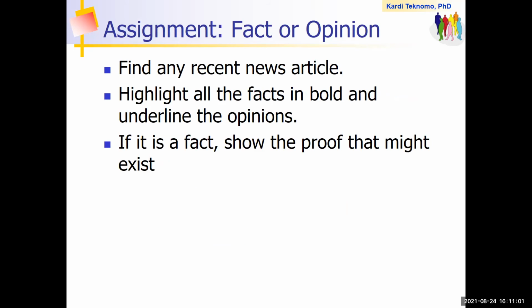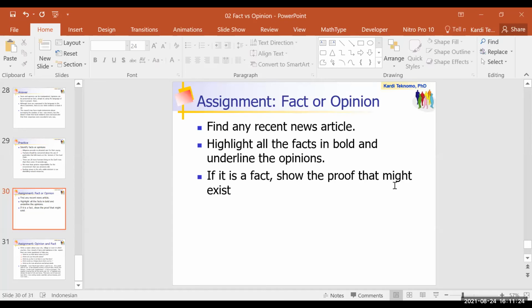Next, there's an assignment. Find a recent news article, and highlight the facts in bold and underline the opinions. If it is a fact, can you show the proof that may exist? So the assignment is important. Just get the news article.